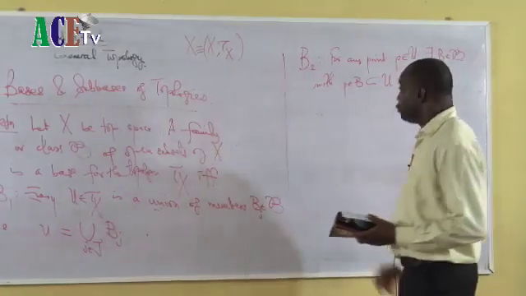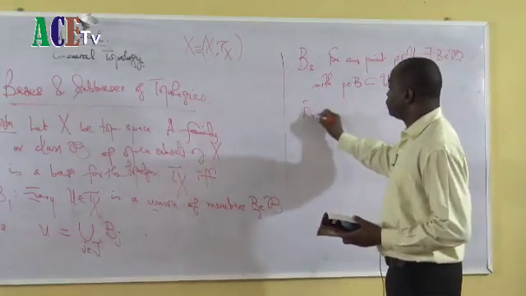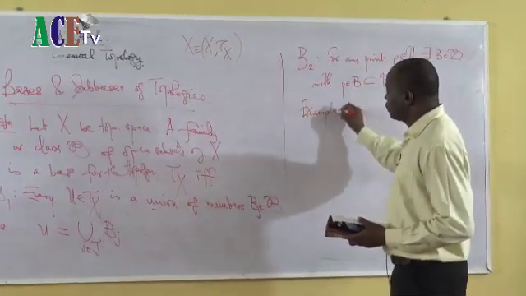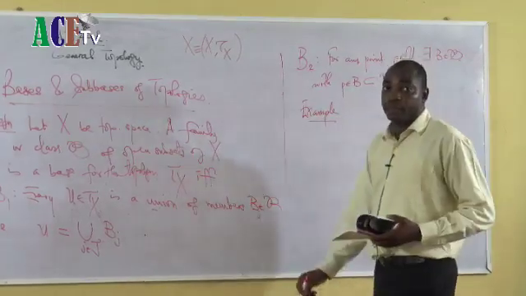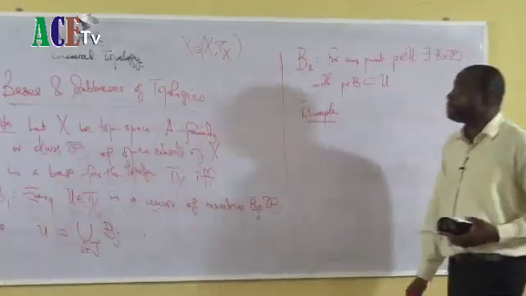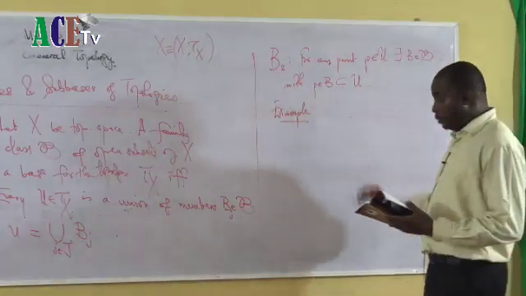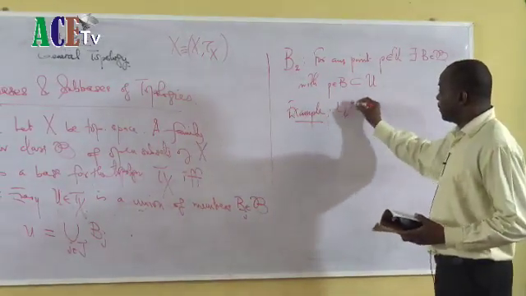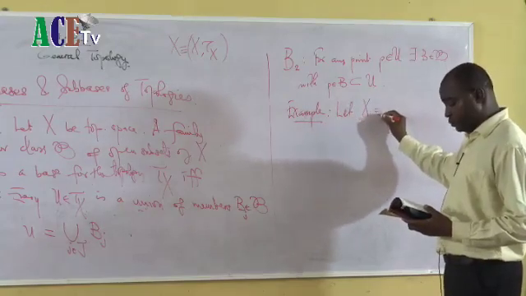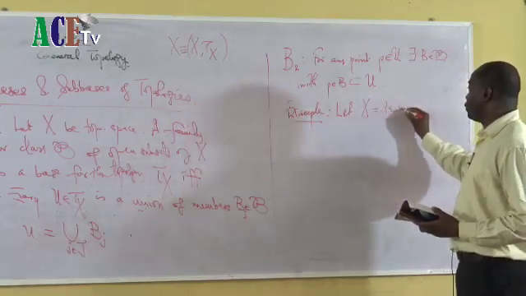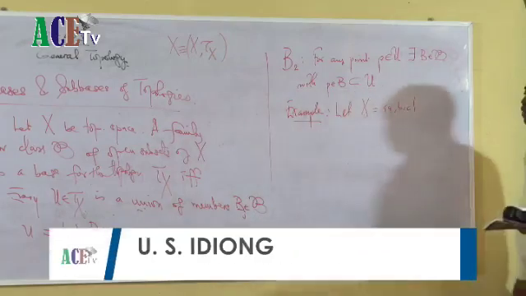Let's take a look at this example. Let X be a triple member set.